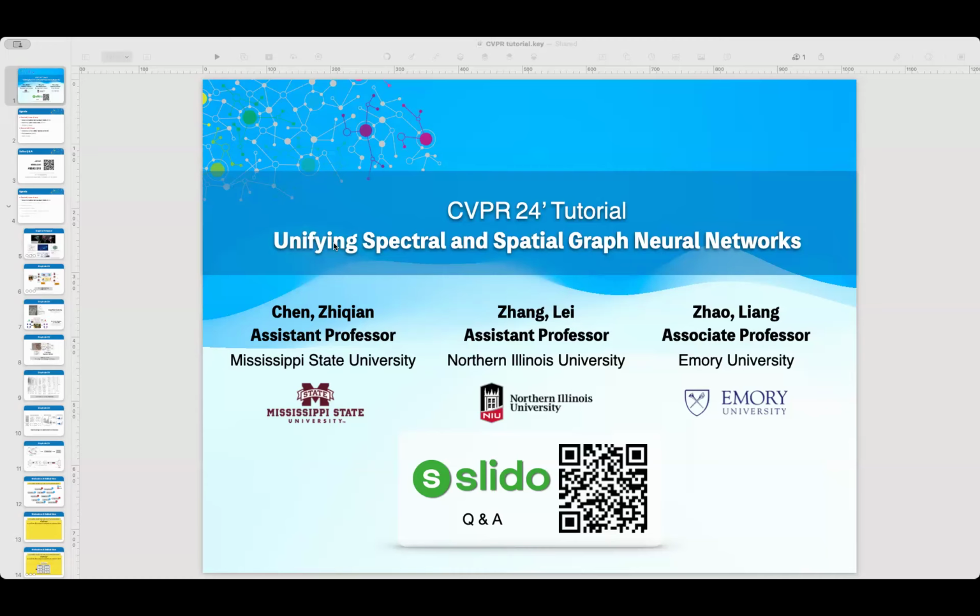Similarly, if we look at this in the graph domain, it is different. In the graph domain, for example, we have three training instances, A, B, and C, and their neighbors: A and its neighbors, B and its neighbors, and C and its neighbors.